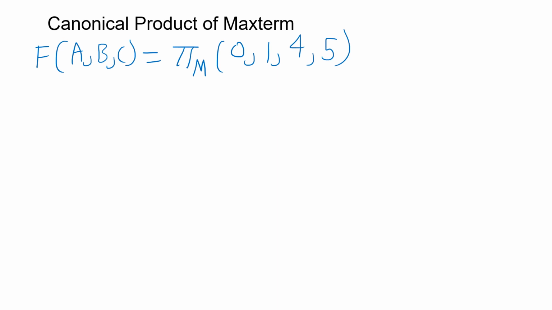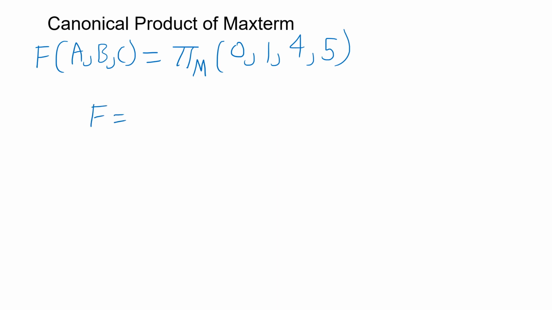Now once you say product of maxterm, it is representing the places where your function will contain 0 as a output. Make sure it is representing 0 as a output, but sum of minterm is representing 1 as a output, right?